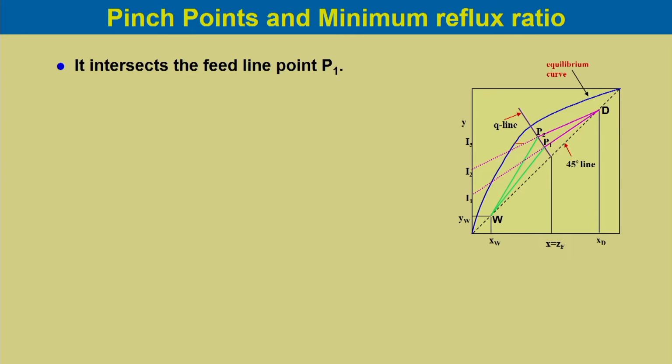Now, it intersects the feed line at point P1. So, this DI1, that is the operating line in the rectifying section, intersects the feed line at the P1 point, and WP1 would be the stripping section operating line.